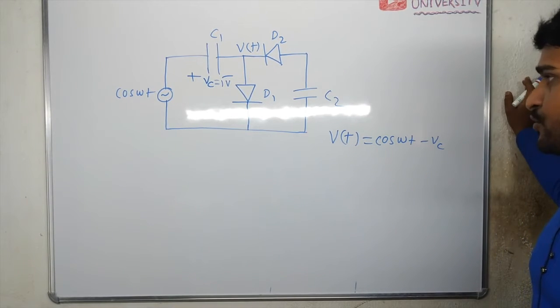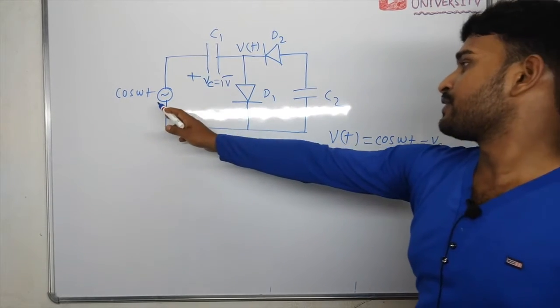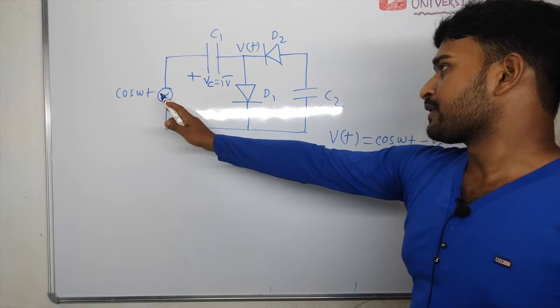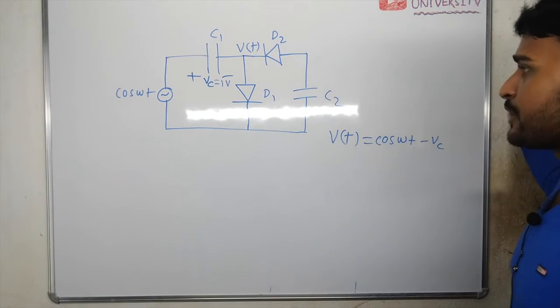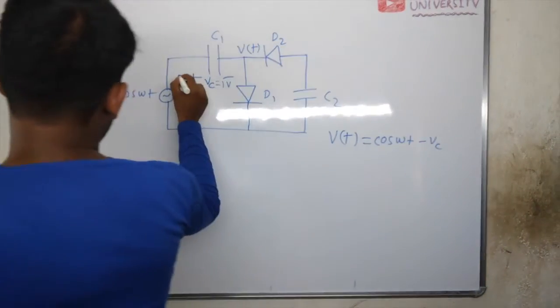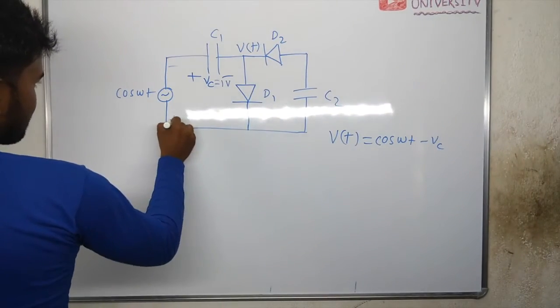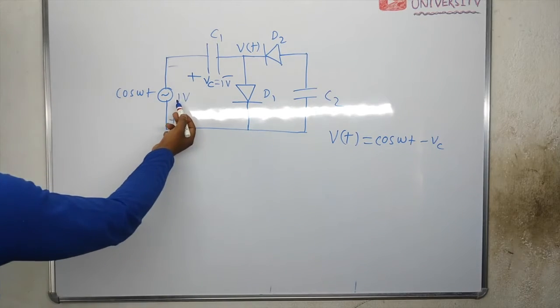Capacitor C2 will charge through D2 up to what value? What is the net input voltage now? When this voltage is negative, capacitor will charge through D2 up to what net input value? Now what is the peak value of input when Vi is negative? 1 volt, that is minus 1 volt.